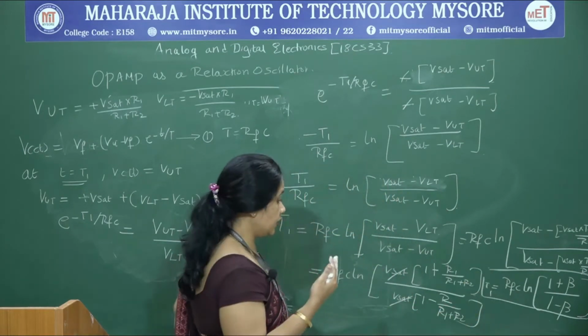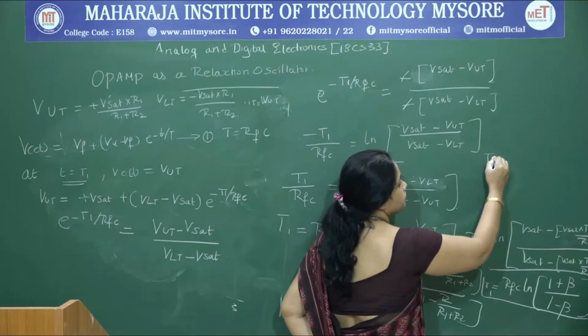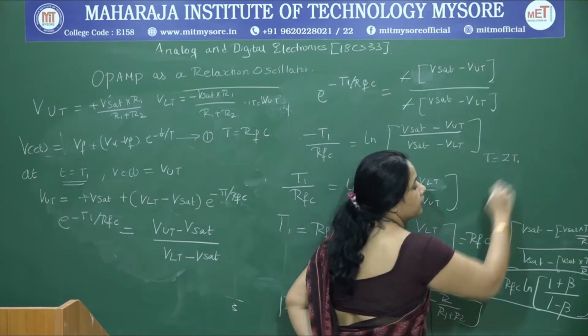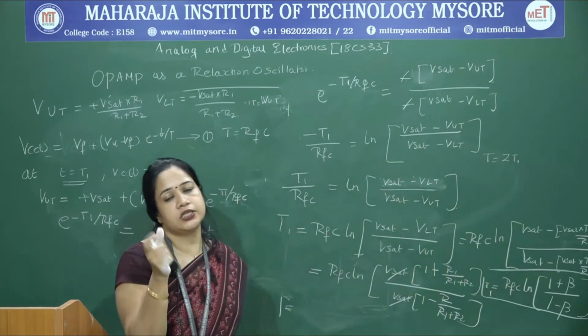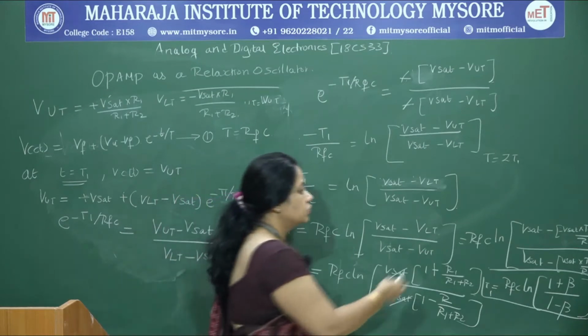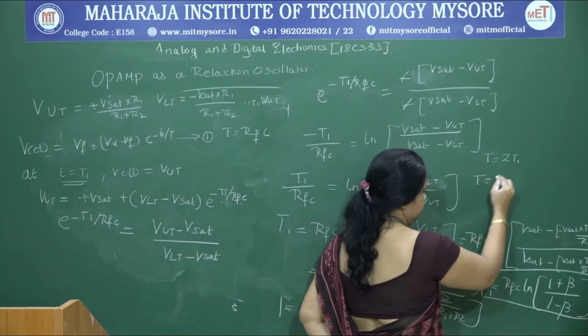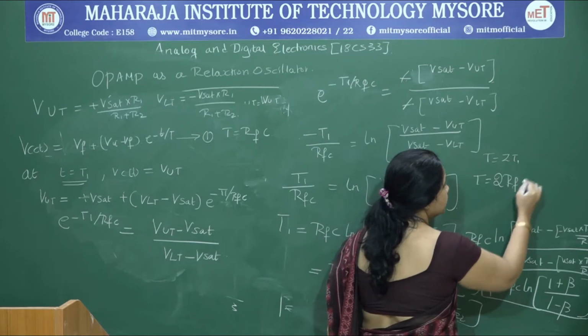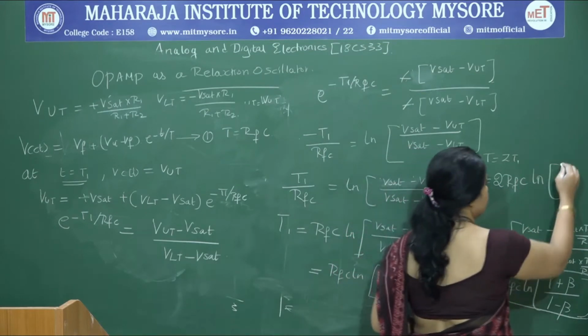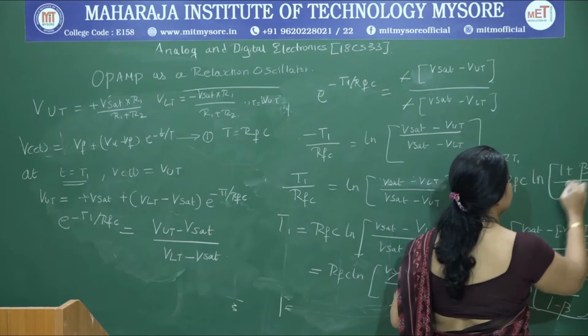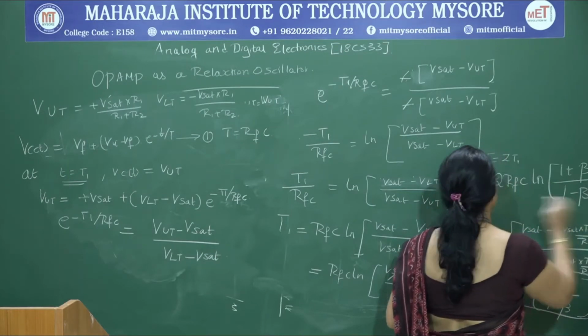If you want T, T is 2 times T1, because it is periodic in nature and the charging and discharging times are equal. So, your T ends up being 2 RFC logarithm of 1 plus beta by 1 minus beta.